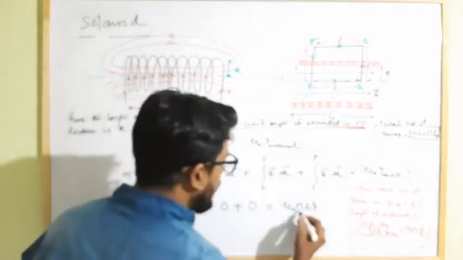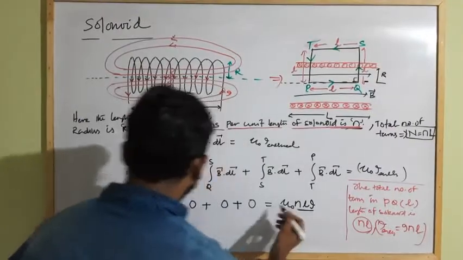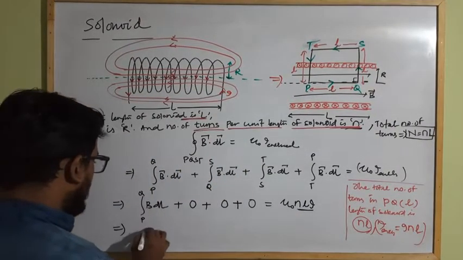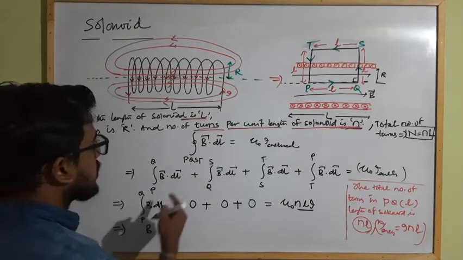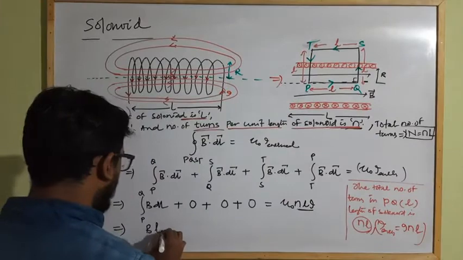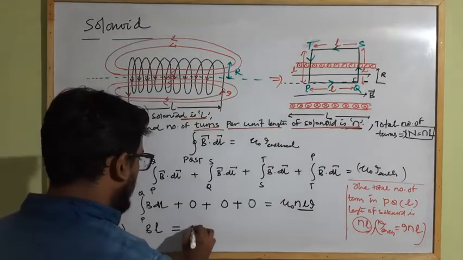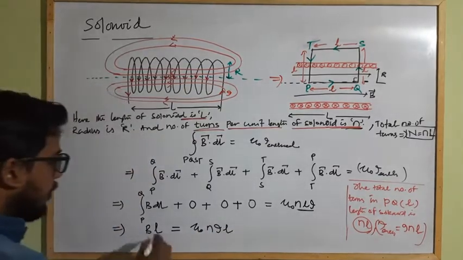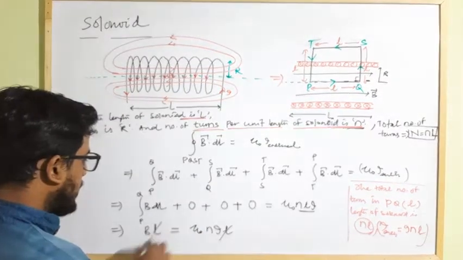So this much will be the total I enclosed. So from this we can write B dot dl over PQ is constant, and the integration of dl over PQ will be the complete length of PQ, that is l, equal to mu naught n into I into l. So from left and right side we can cancel l.